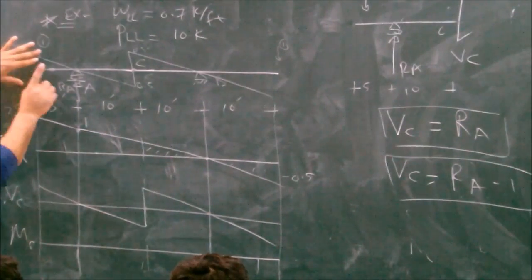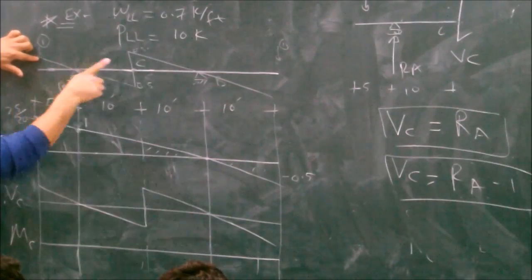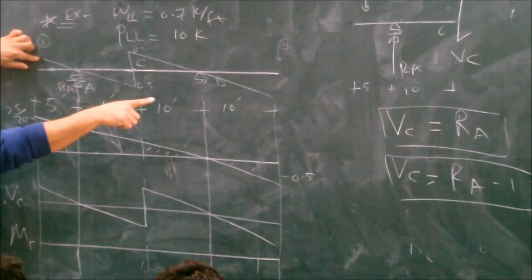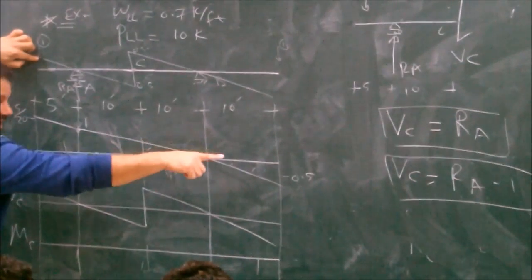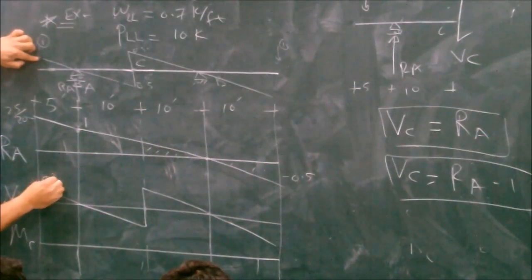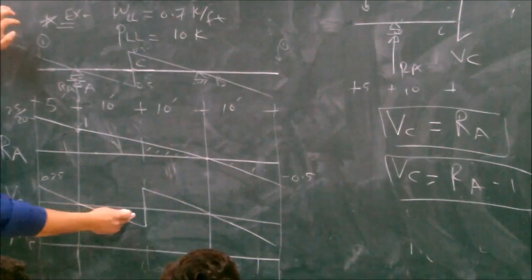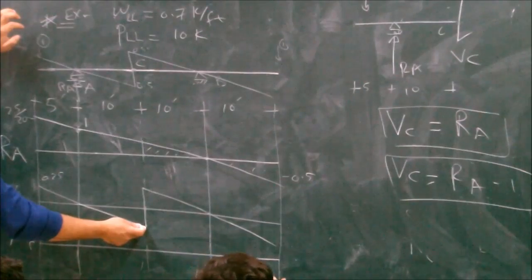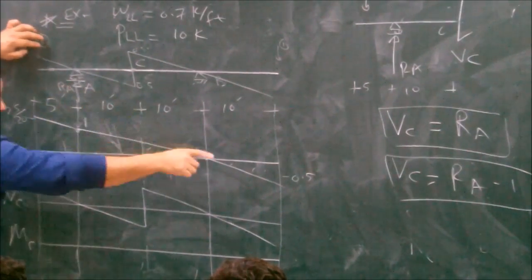Now, we know when the unit load starts here, RA was 1.25. So VC equals 1.25 minus 1, which is 0.25. That's it. Now go all the way here. When the unit load is here, how much is RA? 0.5. Minus 1?